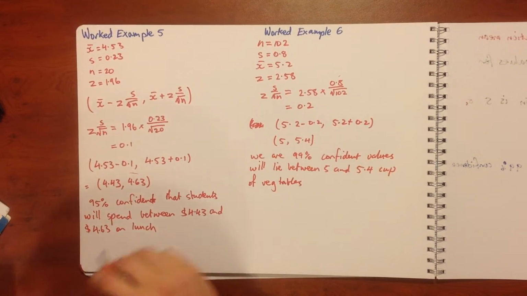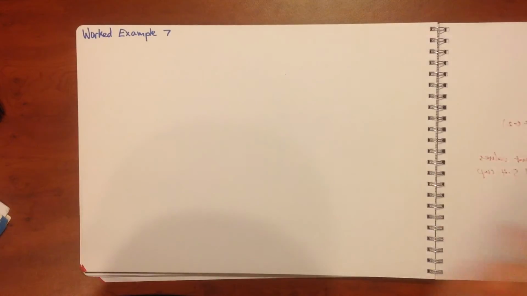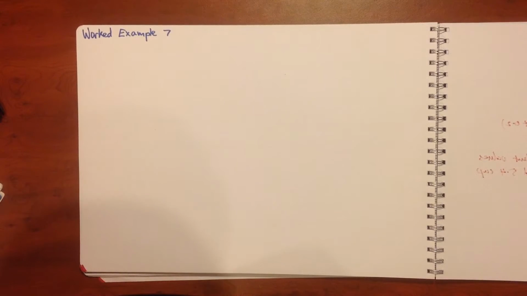So we'll keep moving on to our next worked example, 7. Now we said in worked example 5 the average amount spent on lunch was between $4.43 and $4.63. What sample size would be needed to reduce the interval to plus or minus 0.05 at the 95% confidence level?